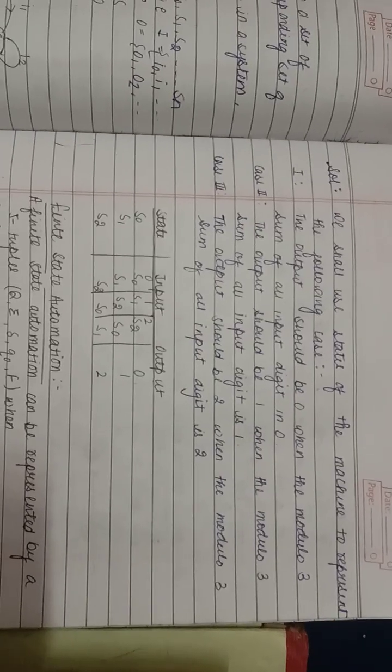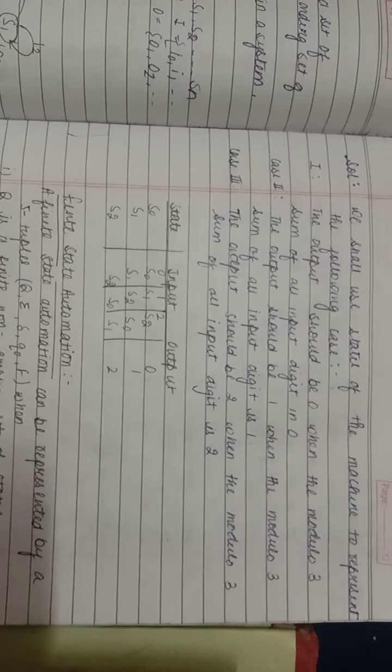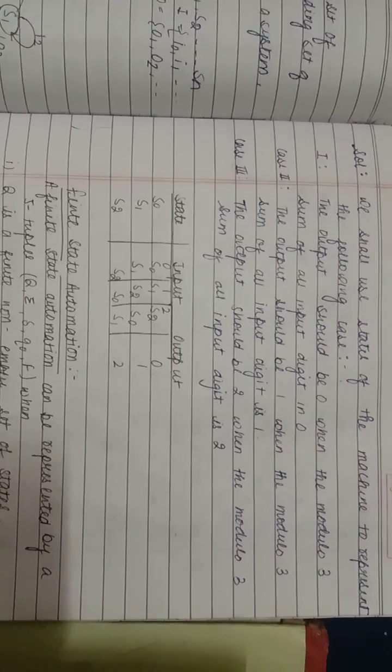Next, we define the equivalence of finite state machines. Two states Si and Sj of a state machine are equivalent if and only if they produce the same output for any input sequence.